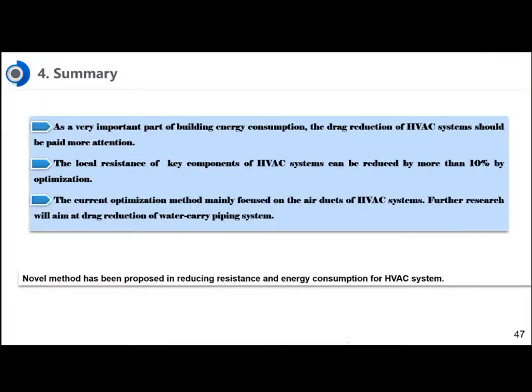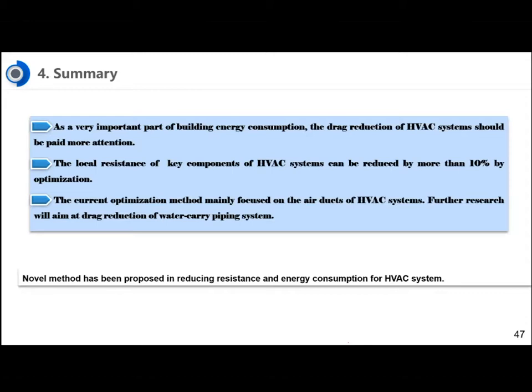Finally, the summary. As a very important part of building energy consumption, the drag reduction of heating, ventilation, and air conditioning systems should be paid more attention. The local resistance of key components of HVAC systems can be reduced by more than 10% by optimization.